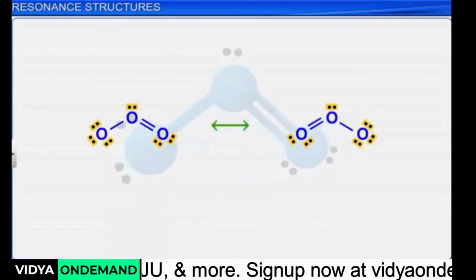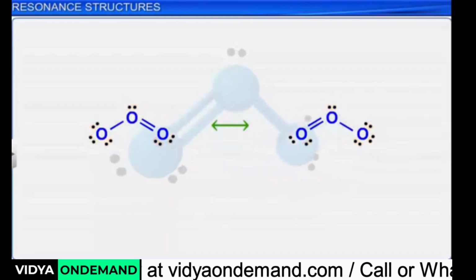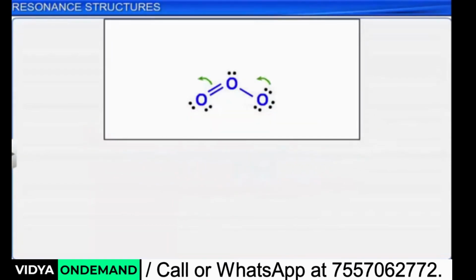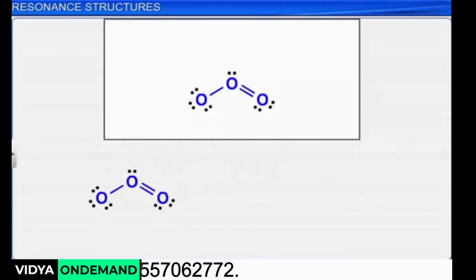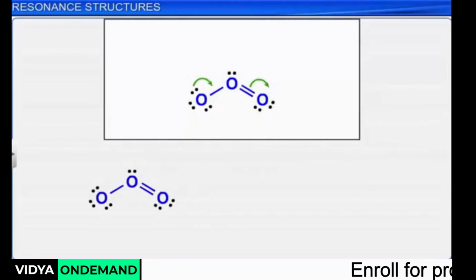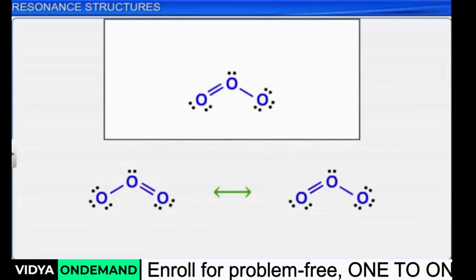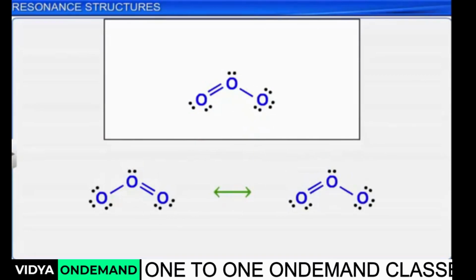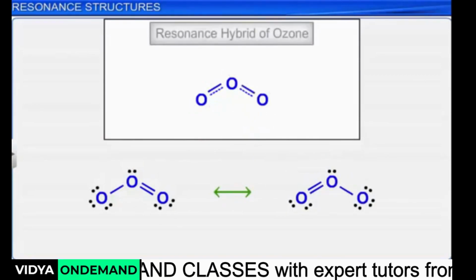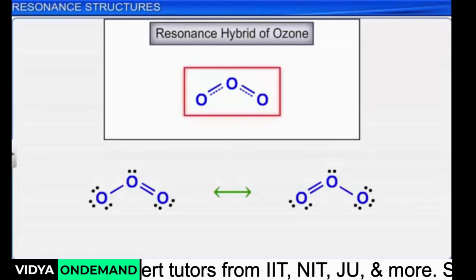However, the molecule never actually has the structure of any of the canonical forms at any point of time. The actual structure of a molecule is a hybrid of all resonance structures possible. It is called a resonance hybrid.